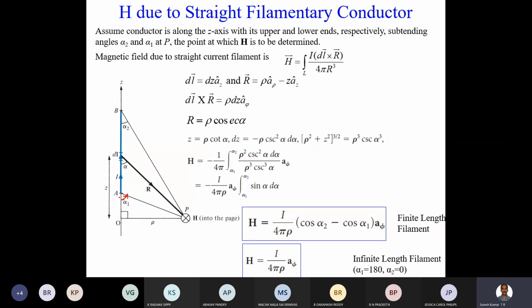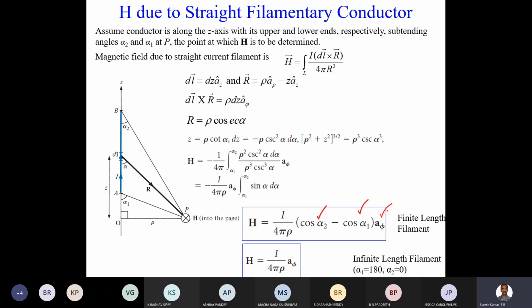It is measured between the axis of the wire and the vector connecting the observation point and the lower edge. In the same way, alpha 2 is the angle measured between the axis of the wire and the line connecting the upper edge and the observation point. These are the important points you need to understand: how alpha 1 and alpha 2 are measured.